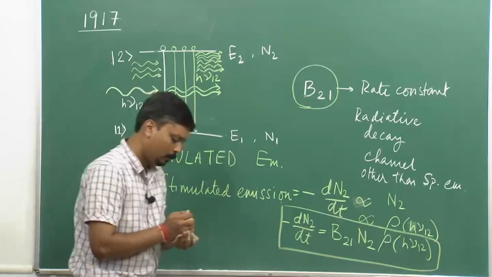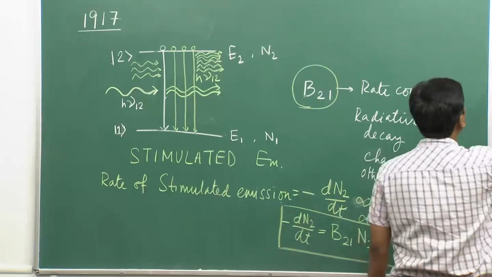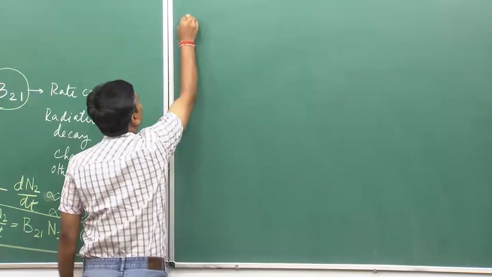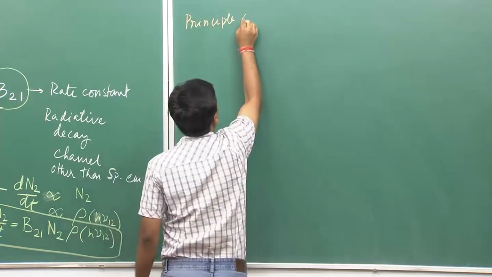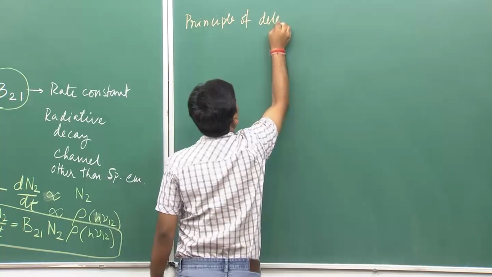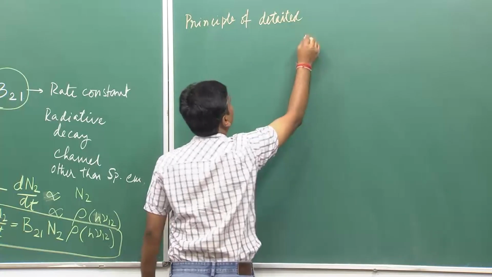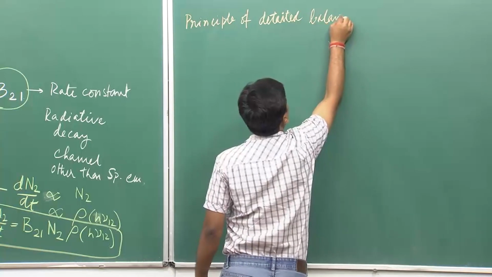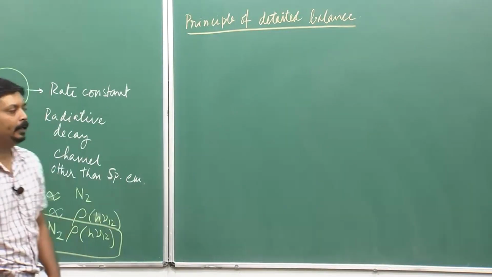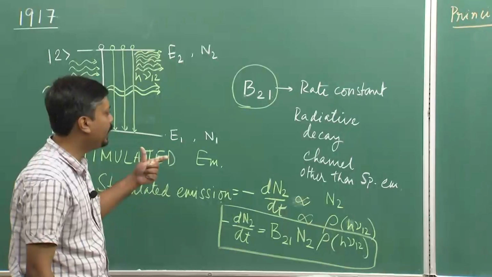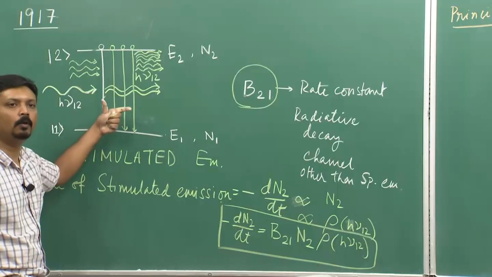Fine. Now, if we apply the principle of detailed balance, from the principle of detailed balance, I can say that the rate of upward transition is equal to the rate of total downward transition.